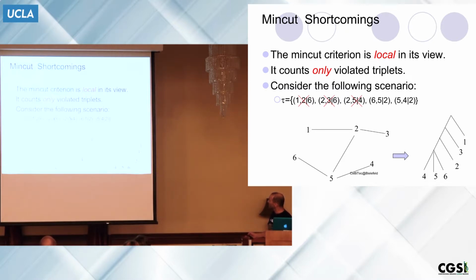Then we separated 2, and now we have 4, 5, 6, that we cannot really distinguish. So this is the tree. Let's see how many triplets we satisfied here. The only triplets that were satisfied are these 2, okay?